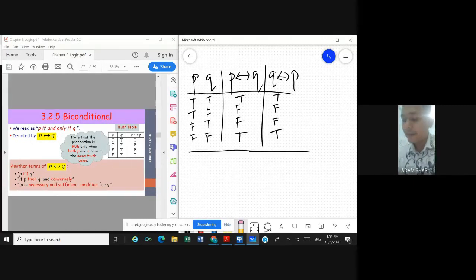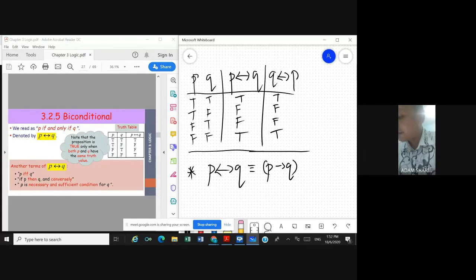This is the law. And I also happen to want to tell you that P if and only if Q is equivalent to P implies Q and Q implies P. It happens in both directions.